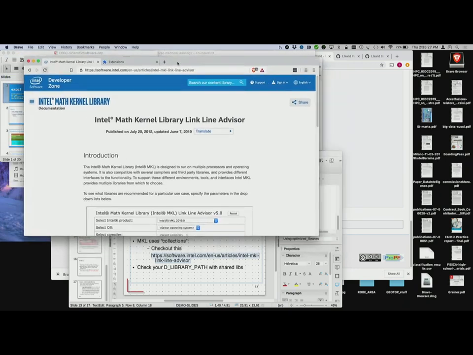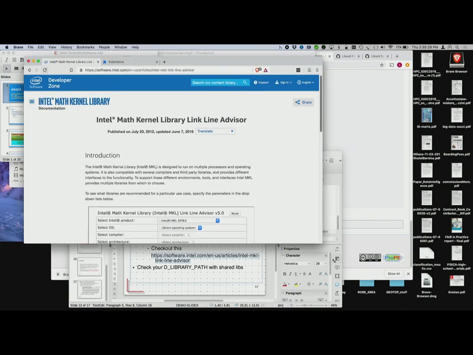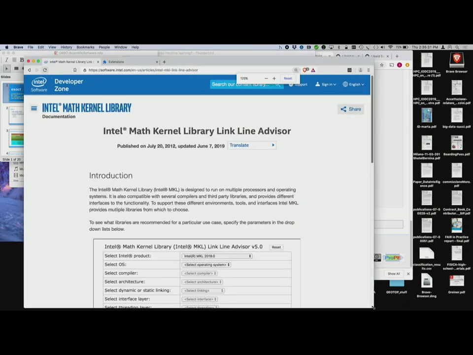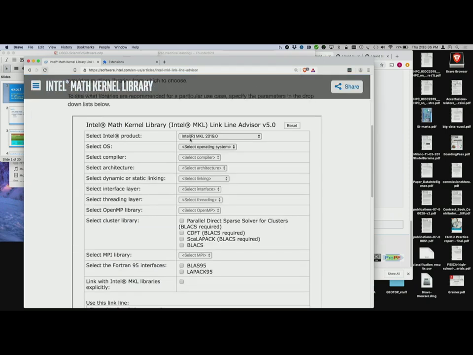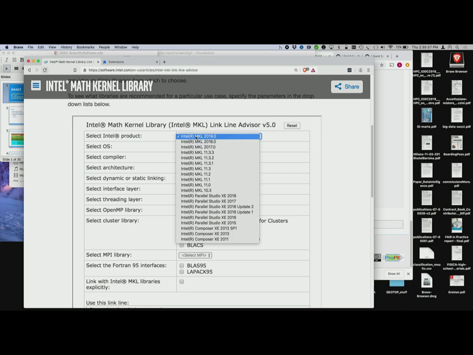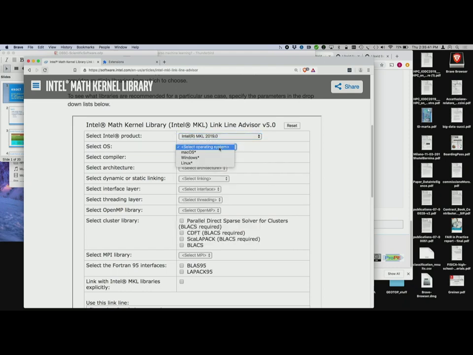Yeah, so here you see, you can specify which version of Intel MKL you have, the operating system, and the compiler that you want to compile against. For instance, Linux. You can also compile MKL against GNU, so no problem about that.